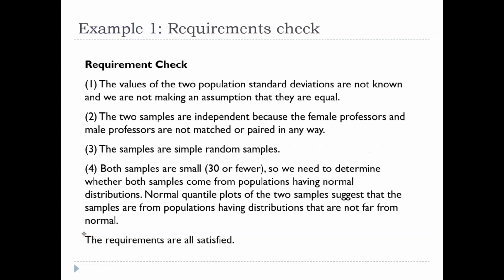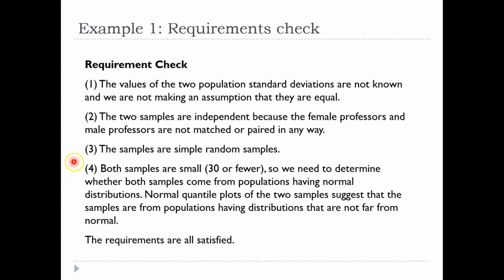The first requirement is that the values of the two populations' standard deviations are not known, and we're not making assumptions that they're equal. The two samples are independent, yes, because the female professors and male professors are not matched or paired in any way.